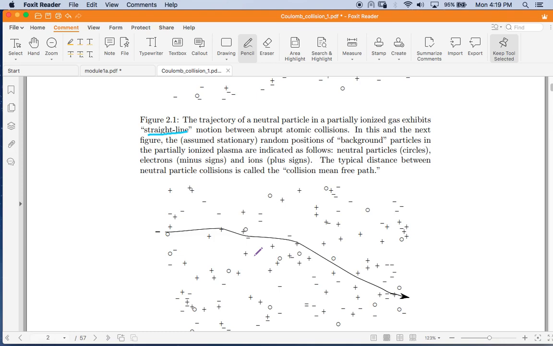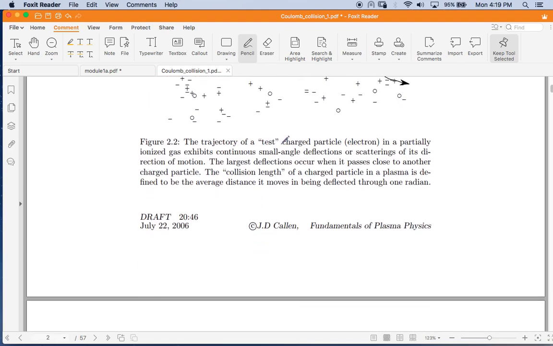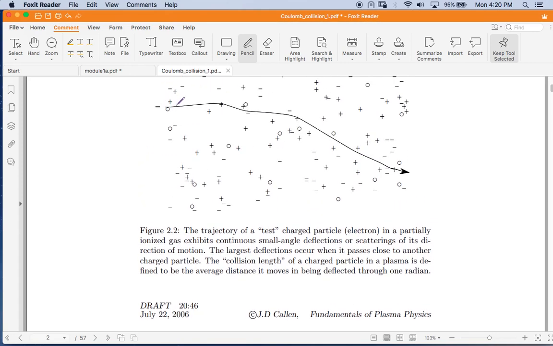Because of Debye shielding, the full potential of the positive charge is not really felt, and therefore the trajectory of a test charged particle, which is the electron in a partially ionized gas, exhibits continuous small angle deflections, like that. It's moving along, and the deflections are relatively small.